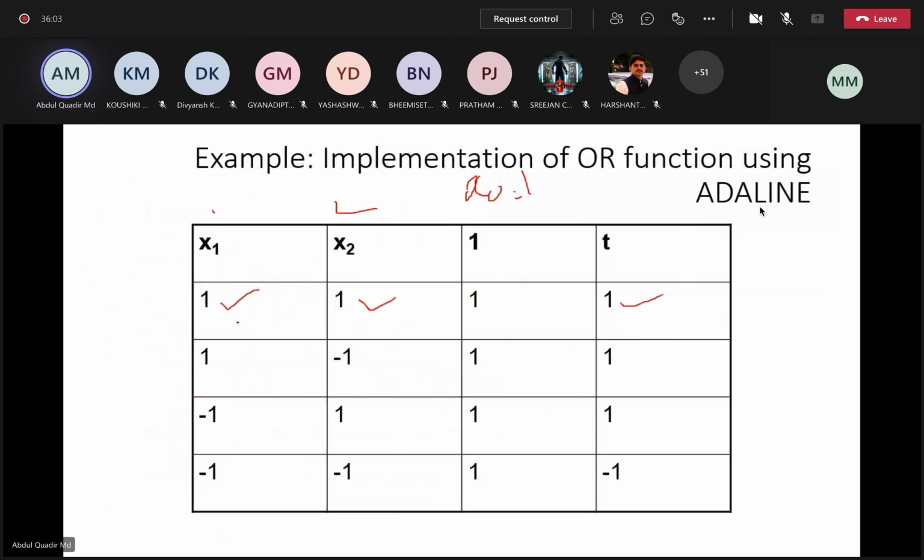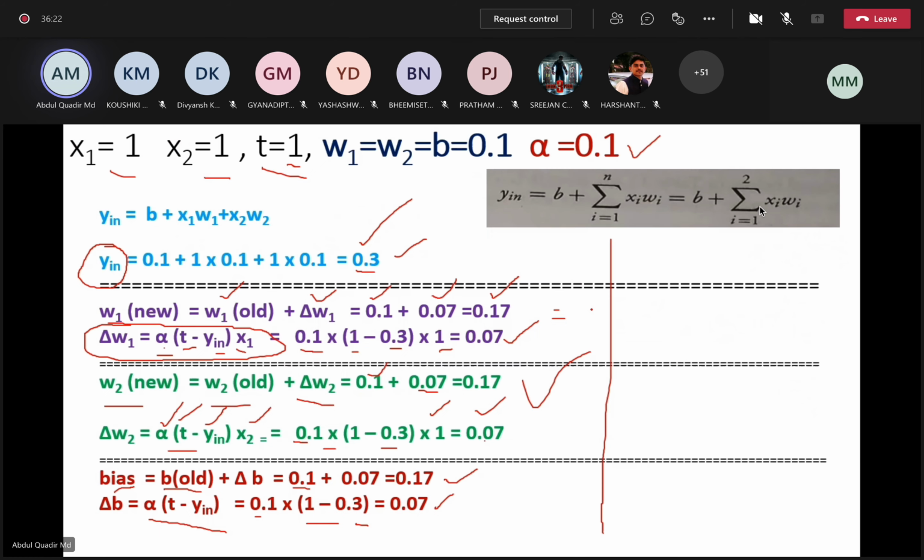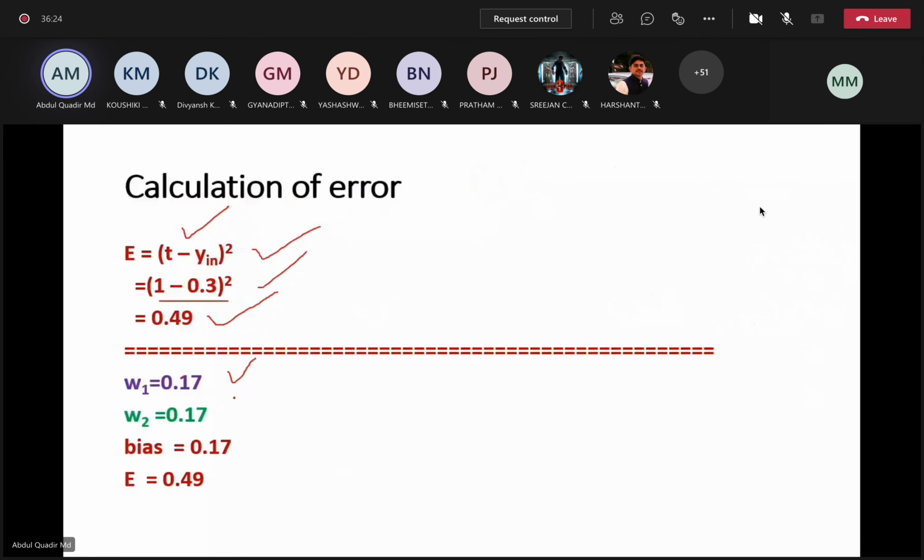So for the first input, we have got W1, W2, then we calculated the bias, and then we calculated the error. So these are the values: W1, W2, bias, and the error.